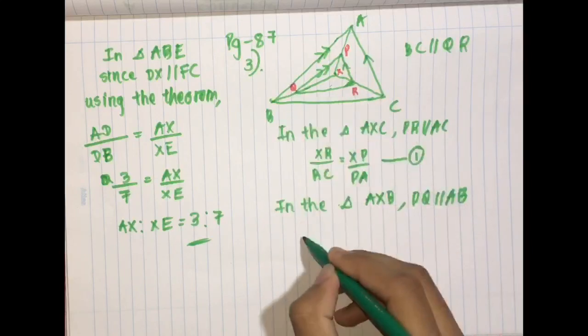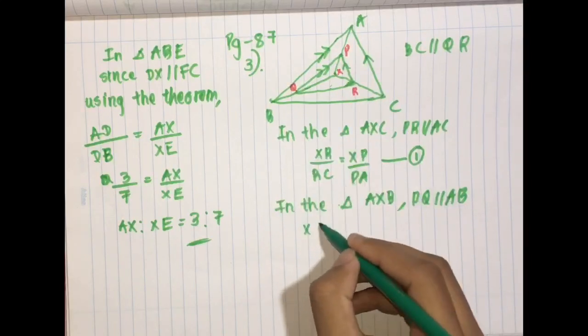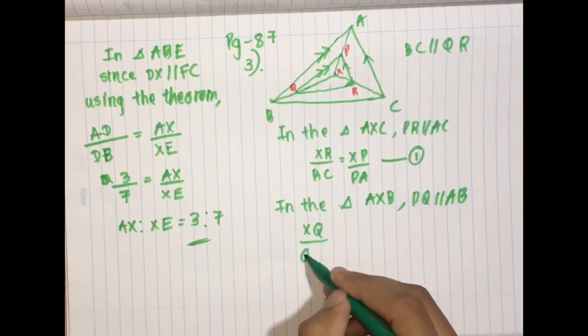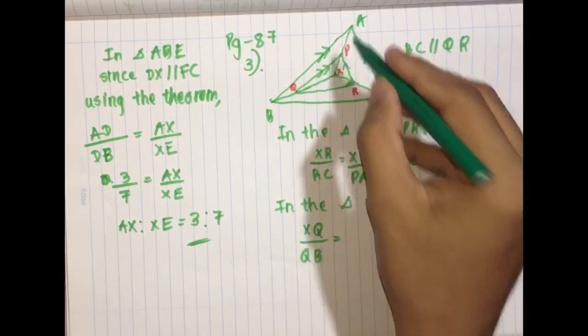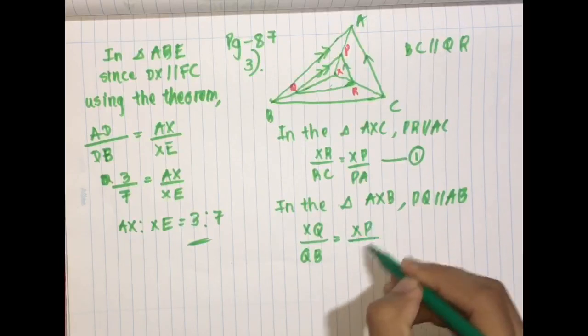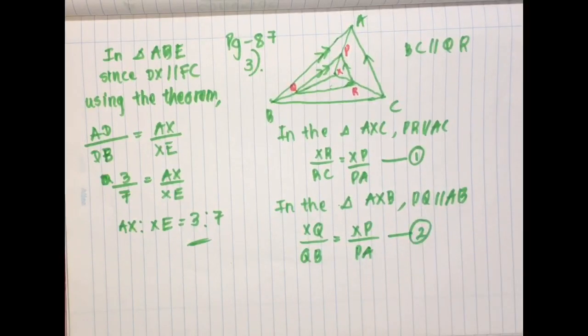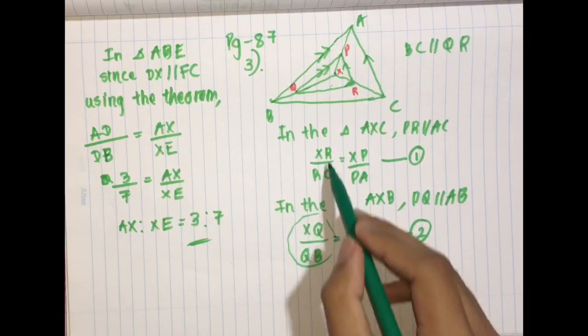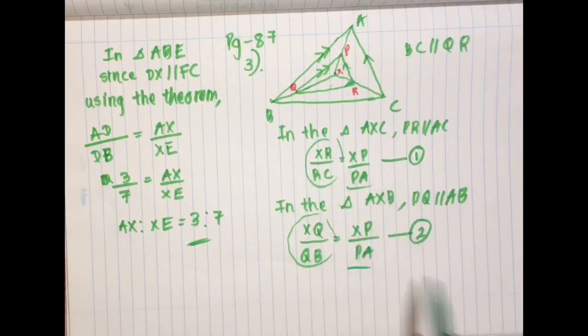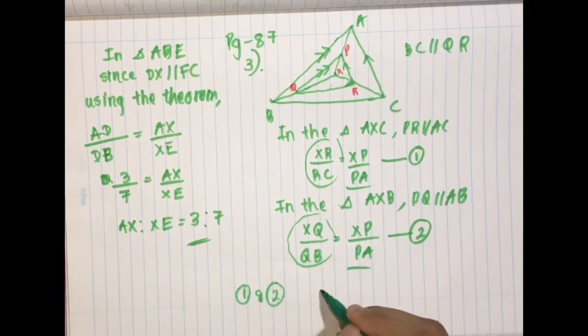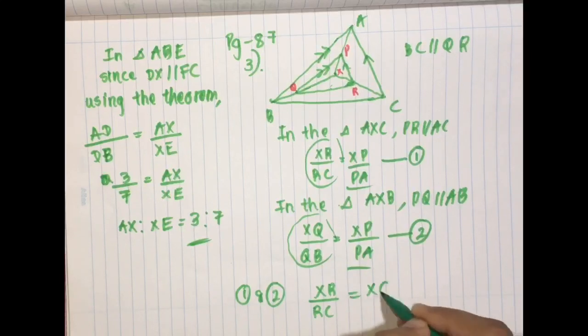That means you can say XQ over QB is equal to XP over PA. Second equation. Now look here, both of these values are equal to XP over PA. Therefore, using 1 and 2, you can say that XR over RC is equal to XQ over QB.